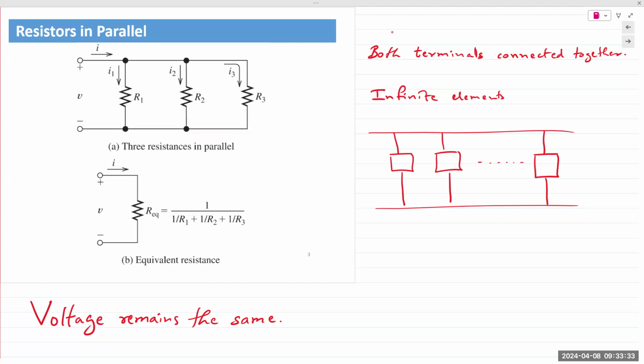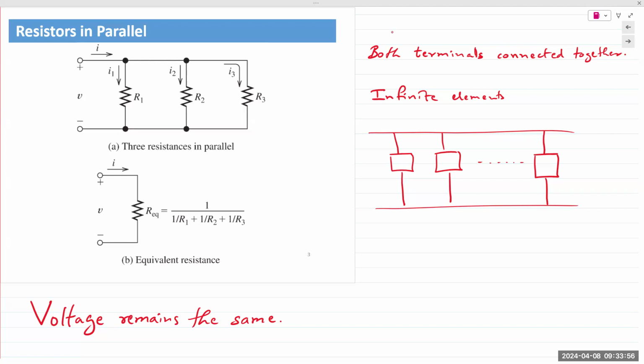In parallel connections, once again, the voltage always remains the same. That voltage is a result of all of those elements working together. It's the combined effect. So if you take out one element or one resistor from that connection, then the voltage will change in value. It'll still be the same for all components.